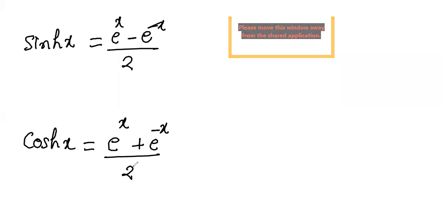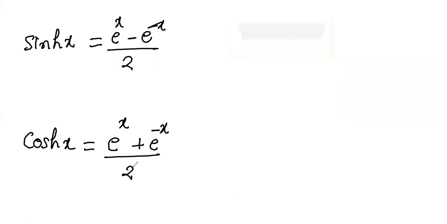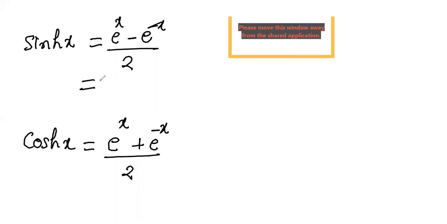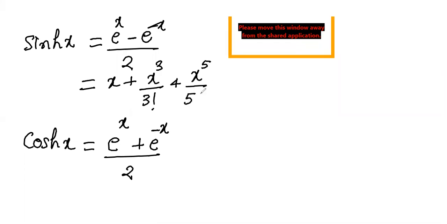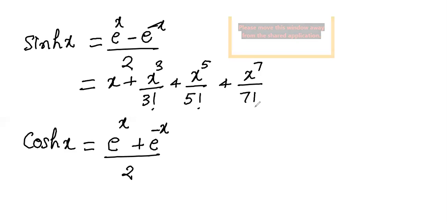So the earlier two series we can add and we can subtract. What will we get? For sine hyperbolic we get only odd terms: x plus x cube upon 3 factorial plus x to the power 5 upon 5 factorial plus x to the power 7 upon 7 factorial and so on.